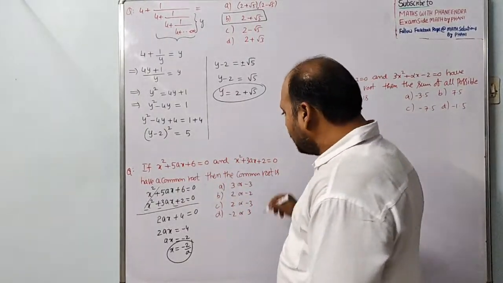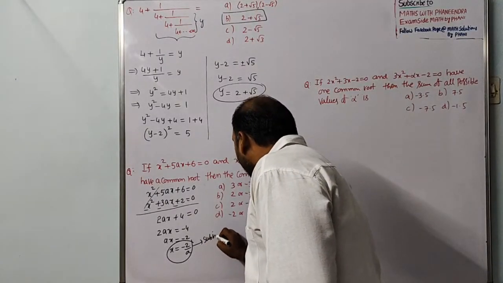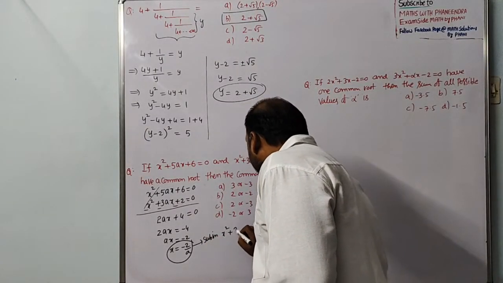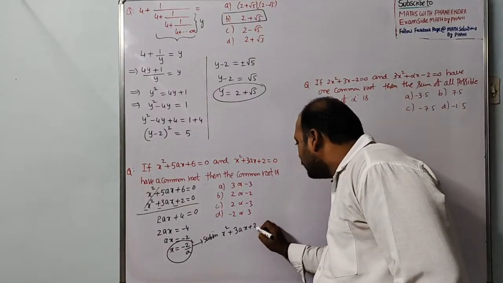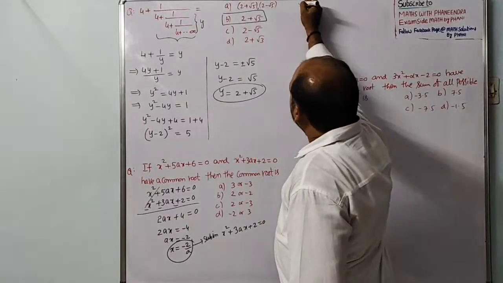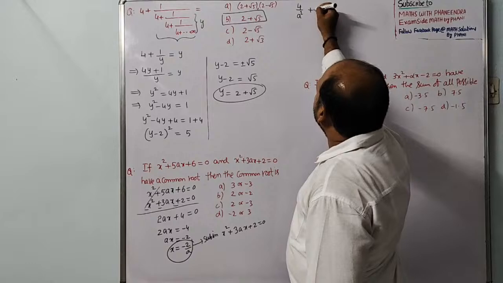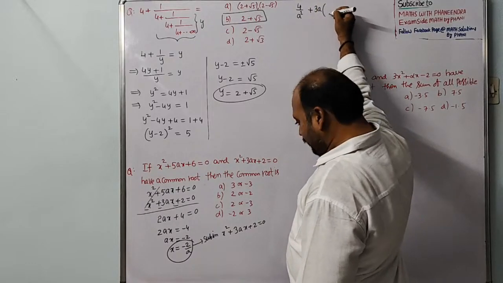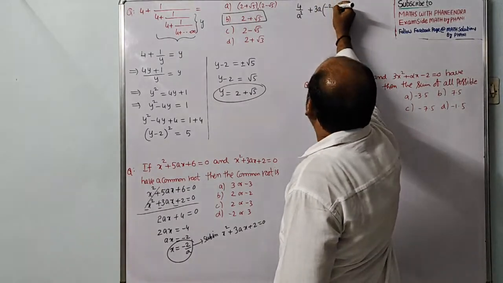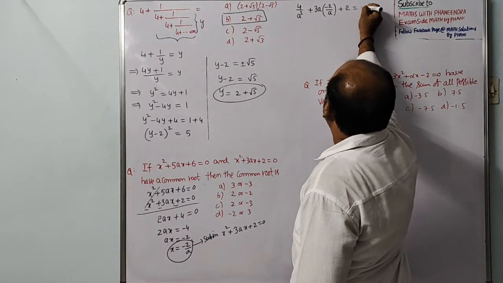So I am substituting in the second equation, whichever is smaller, x square plus 3ax plus 2 equal to 0. So in place of x, minus 2 by a whole square means 4 by a square, plus 3a into x value, minus 2 by a, plus 2 equal to 0.